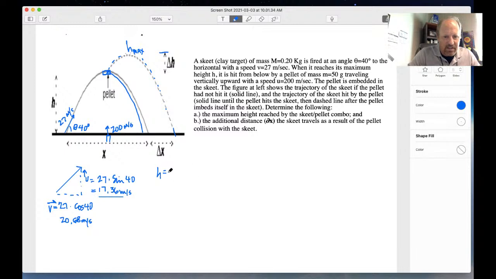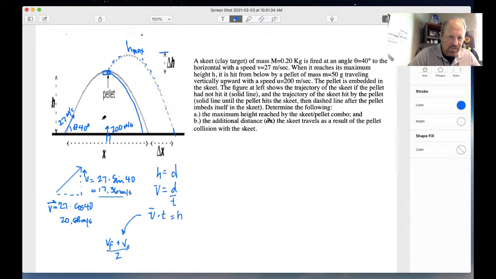Height is just a distance, and velocity is distance over time. So average velocity times time will equal the height change. Remembering really quickly that average velocity in a system accelerating uniformly is v final plus v initial over 2.